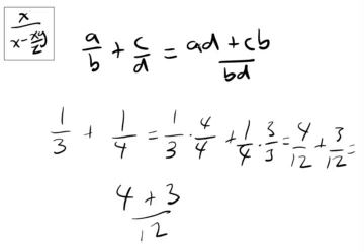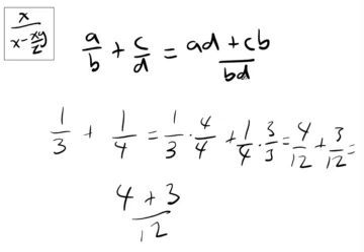You can see ad plus cb over bd, when you substitute these values in, this end result right here. 4 is ad, where a is 1 and d is 4, that's 4. The 3 is the cb. c is 1, b is 3.